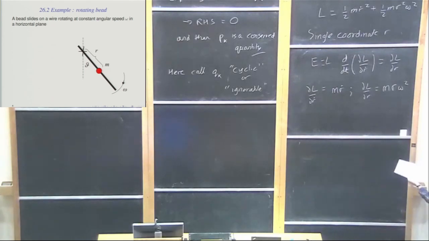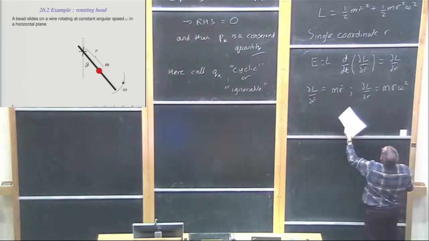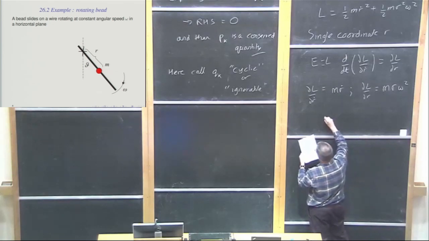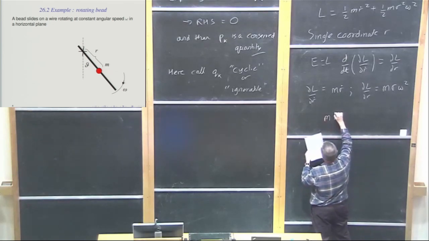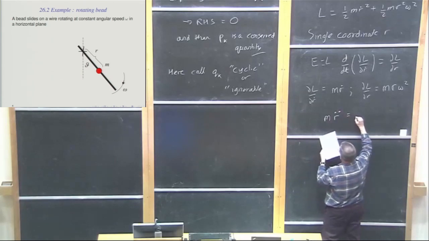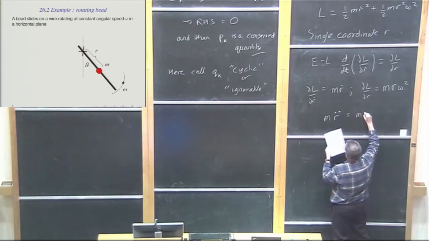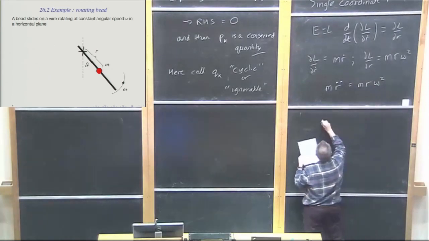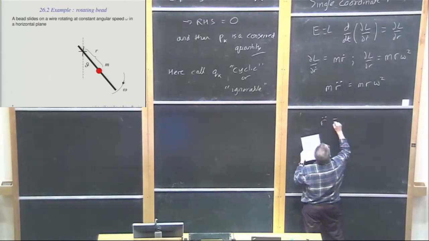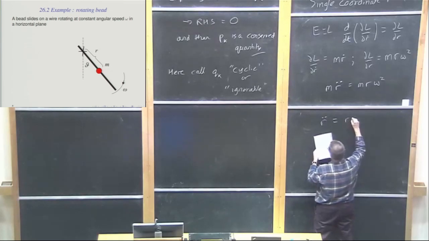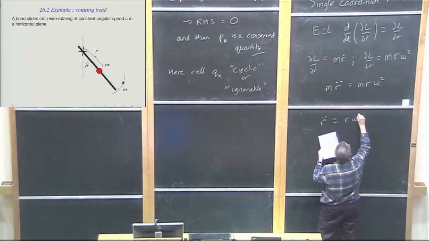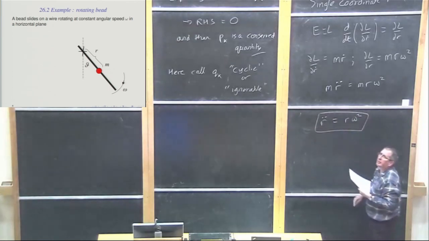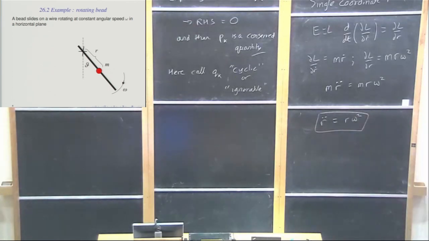So differentiating this with respect to time, we end up with m r double dot equals m r omega squared. So r double dot equals r omega squared. Okay, so this is the equation of motion which we just get out in a couple of lines.